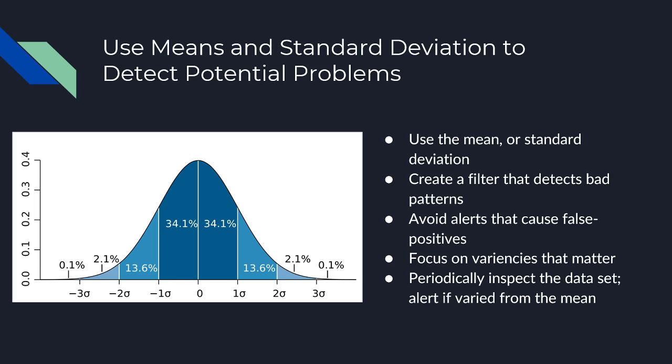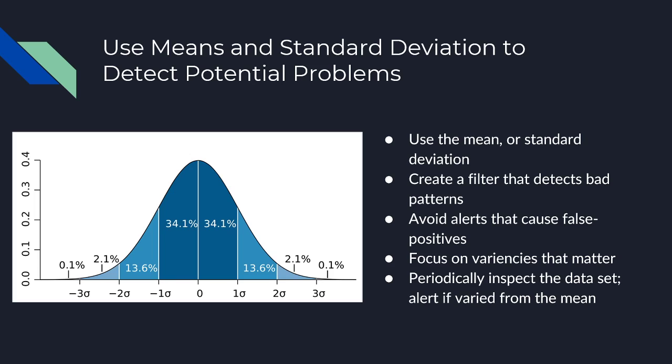However, when we create alerts that are not actionable or false positives, we've unnecessarily woken up people in the middle of the night. We create better alerts by increasing the signal-to-noise ratio, focusing on the variances or outliers that matter. For example, suppose we are analyzing the number of unauthorized login attempts per day.